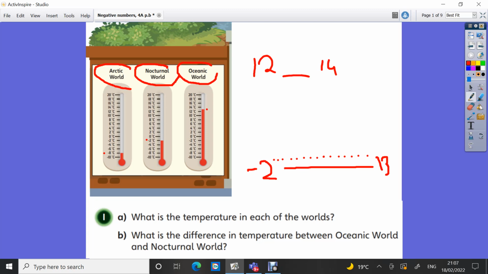So how many steps do you need to count on? 1, 2, 3, 4, 5, 6, 7, 8, 9, 10, 11, 12, 13, 14, 15. So what's the difference between these two numbers? How far is -2 from 13? 15. So the answer is 15 for 1B. You can even use the number line to find the difference from -2 to 13. Let's go to the next question.